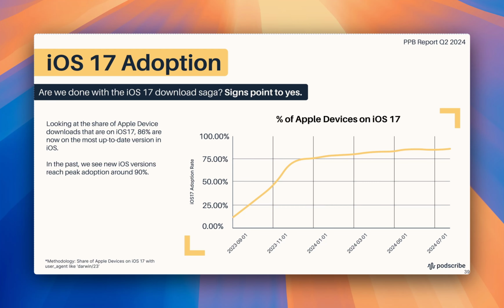The adoption rate had a very fast, steep spike in Q4, stabilizing around January and slowly trickling up to around 86%. In the past, iOS adoption has peaked around 90%. So are we at the end of the iOS 17 download saga? The answer is likely yes.